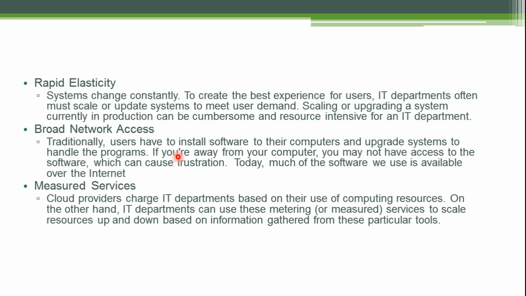Okay, now the third term is rapid elasticity. The systems change constantly, and that creates a bad experience for the users. So IT departments often need to scale their systems and update their systems to meet user requirements. If we take a classic example, earlier we used to have Windows 2012 servers.